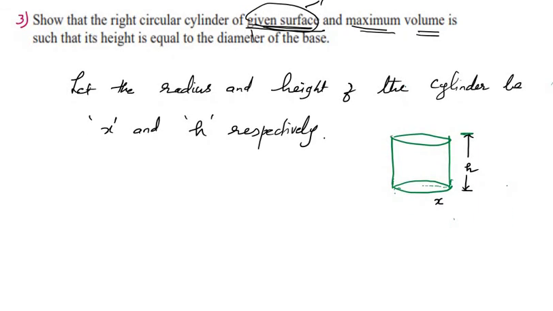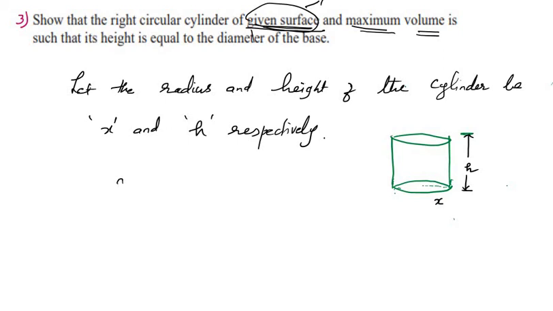Now here, first what is given? Given is the surface area. Surface area is constant. What is the surface area of a cylinder? Whenever they give surface area, suppose they don't mention whether it is curved surface area or lateral surface area, we must always consider it as the total surface area.